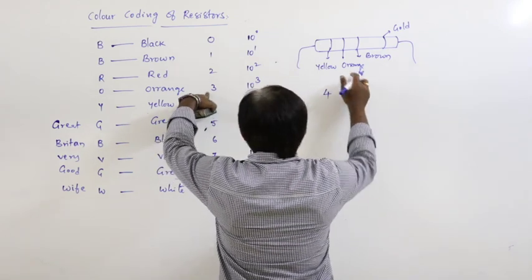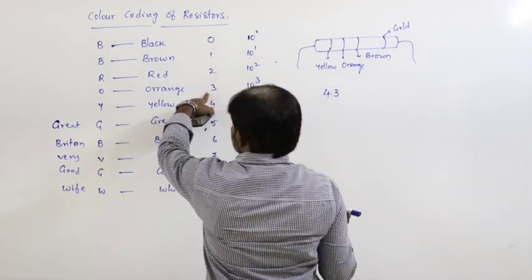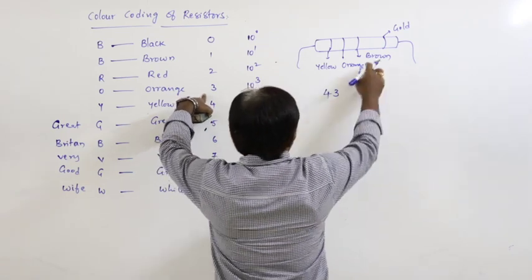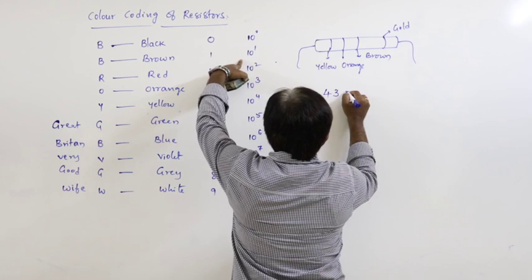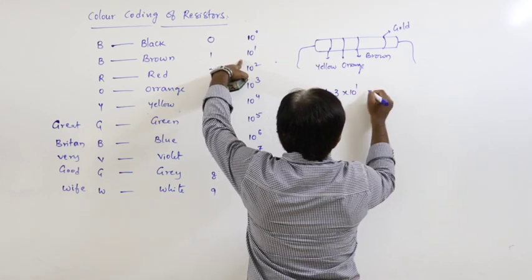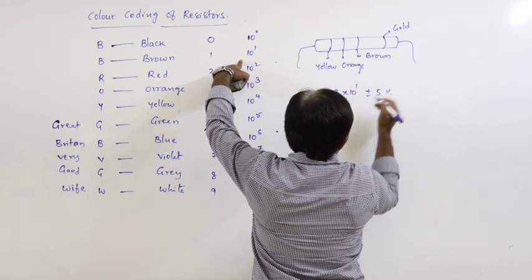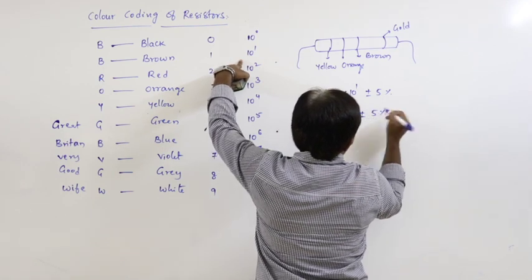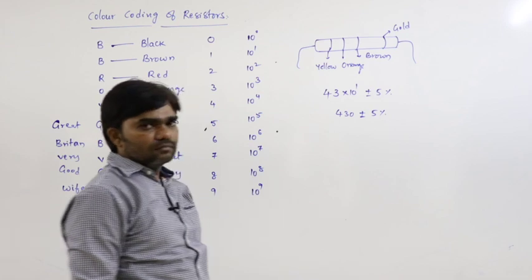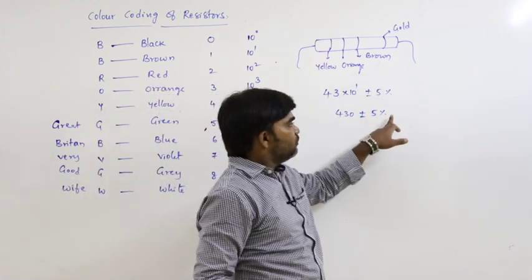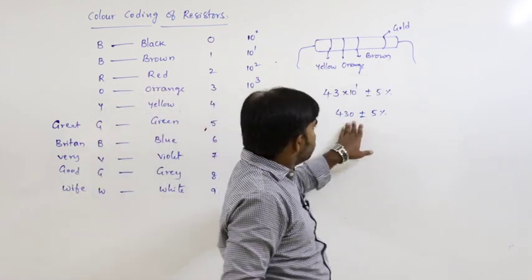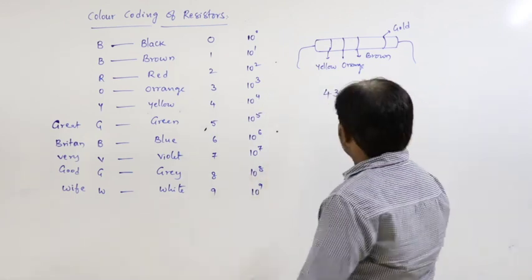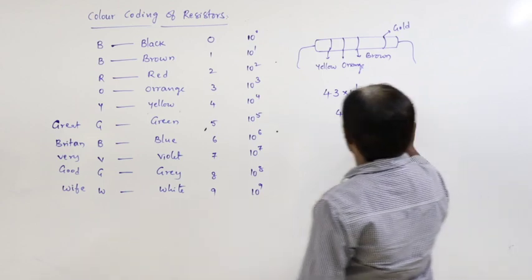Orange, the number is 3. Next, brown is the multiplication factor, into 10 to the power of 1. Gold is plus or minus 5%. That means 430 plus or minus 5%, because the gold tolerance is 5%. So this is the way to calculate the resistance by using color coding.